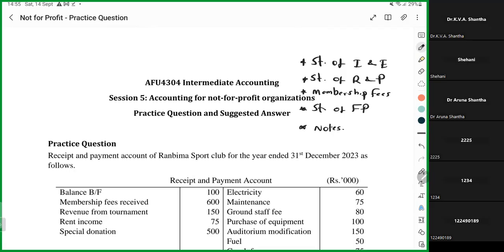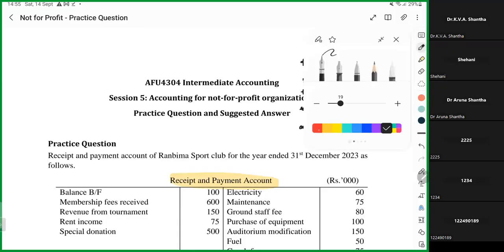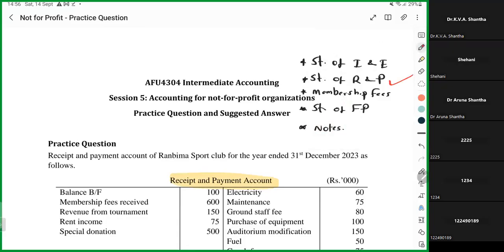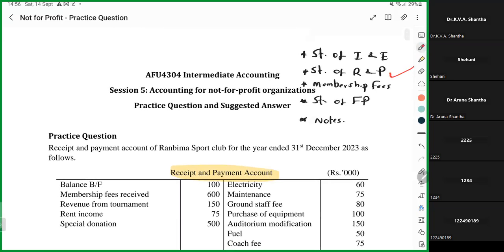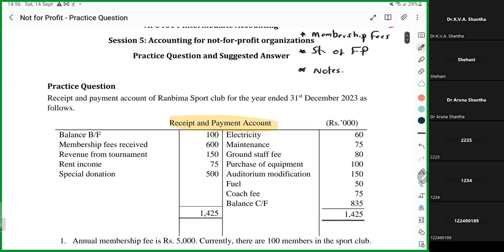Now you see the receipts and payment account is given. You start with the beginning balance.